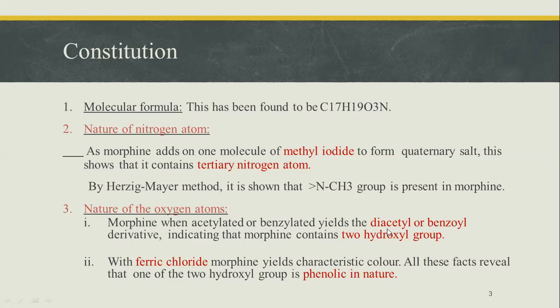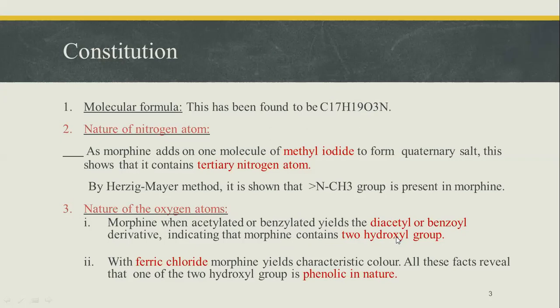So two acetyl groups are formed or two benzoyl groups are formed, which means there are two hydroxy groups. A monoacetyl derivative indicates the presence of one hydroxy group, whereas a diacetyl derivative indicates the presence of two hydroxy groups. So we have three oxygens, and among the three oxygens, we have two oxygens in the form of hydroxy groups.